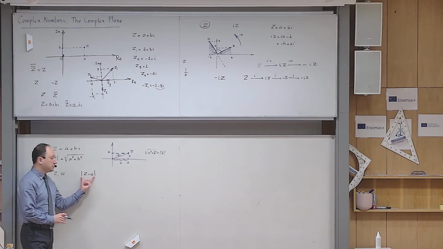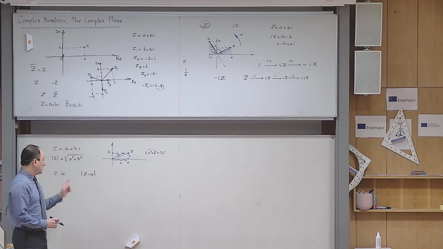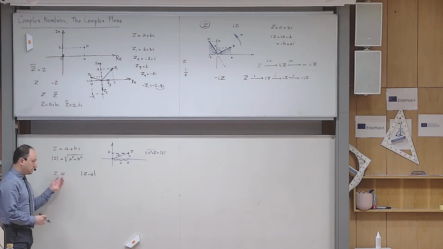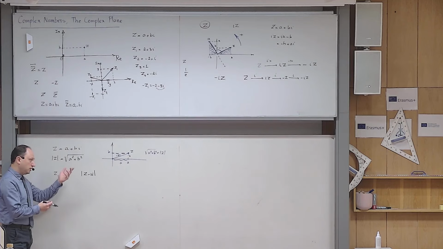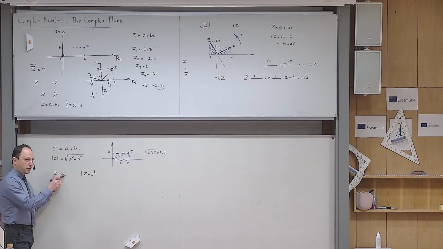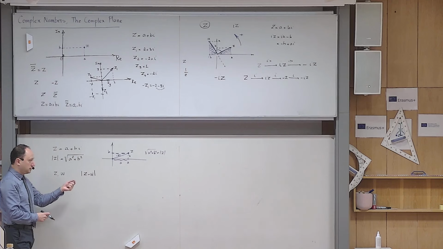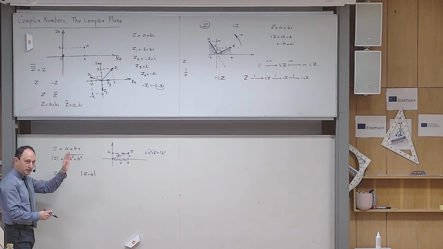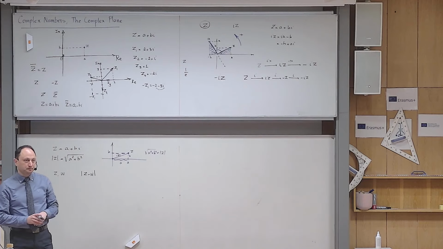What is the interpretation of this absolute value geometrically? I give you 2 complex numbers. These are numbers, but you can visualize them as points. So now you have 2 points. If you calculate the absolute value of z minus w, it becomes a number. What does this number represent on the complex plane?